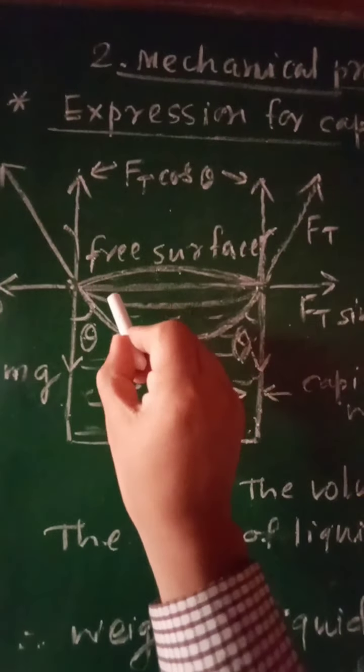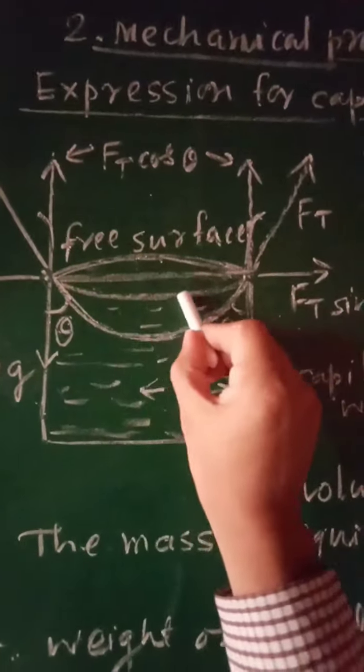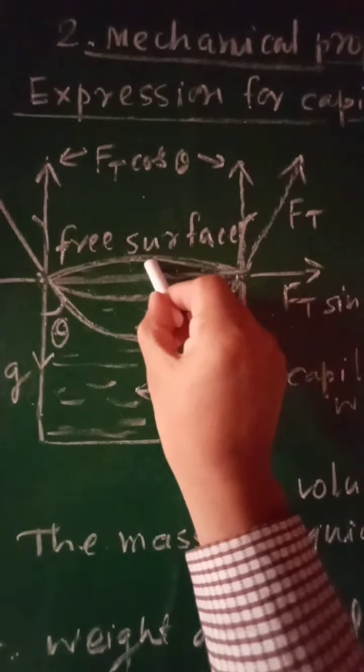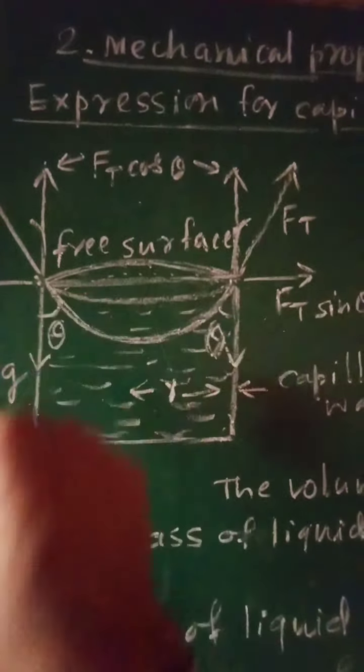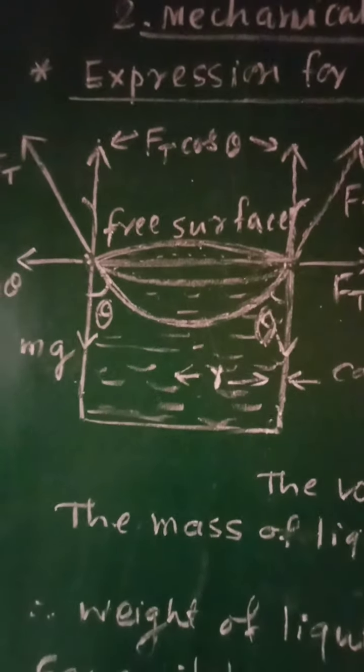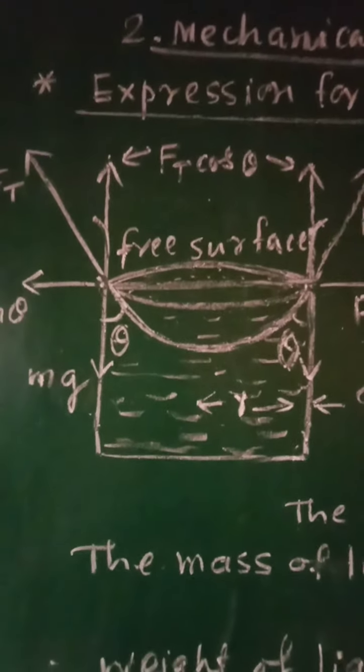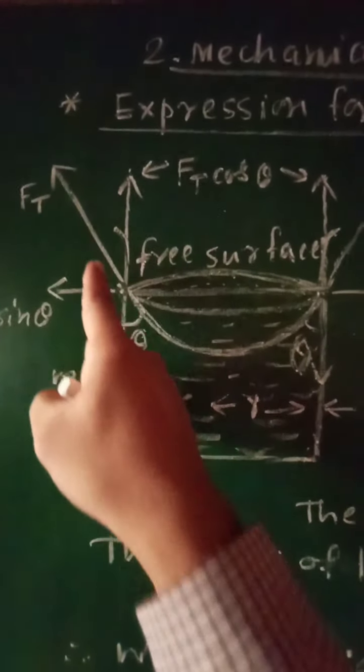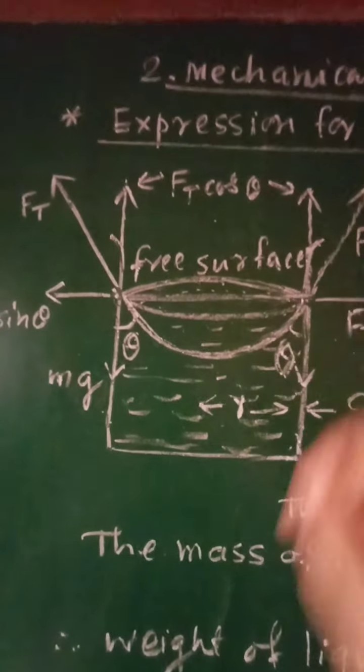So each and every point on this circular path will be in contact with the wall of the capillary, and therefore at each and every point the force due to surface tension, that is Ft, will be tangentially acting.